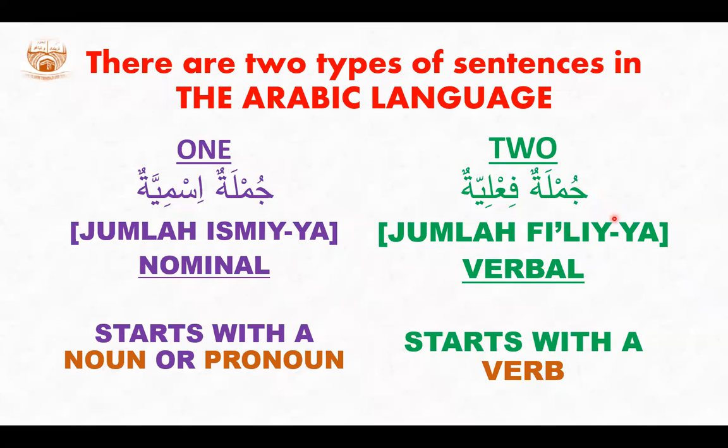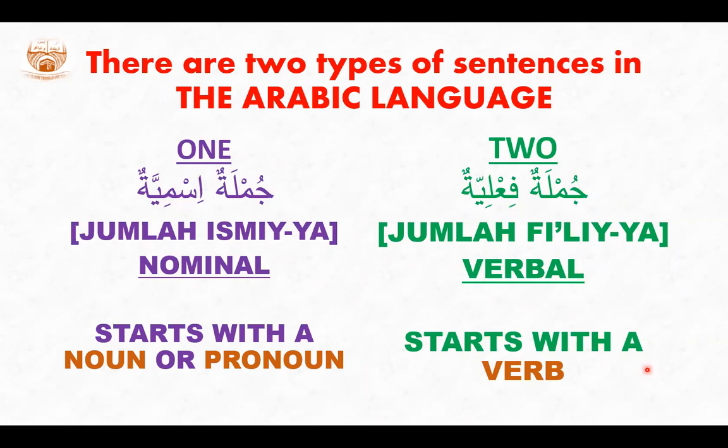Now, with respect to the verbal sentence, we have there, the boy went to the mosque. Went is a verb. Even though it came after the noun in the English sentence, because there is the presence of the verb in the sentence itself, it will be considered as a verbal sentence in Arabic, and therefore we will start that sentence with the verb.